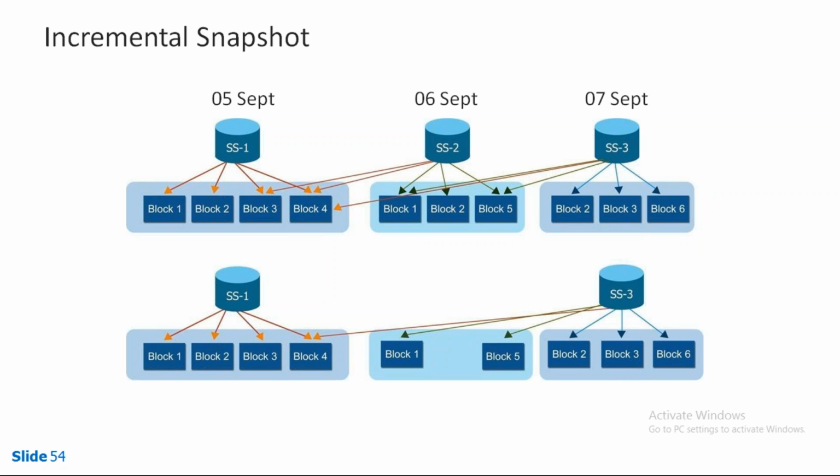So this is how it is. Now when you come down here, another snapshot will have block 1, block 5, 2, 3, 6, so 2, 3 and 6 are backed up here. Here block 1 and block 5 are backed up.